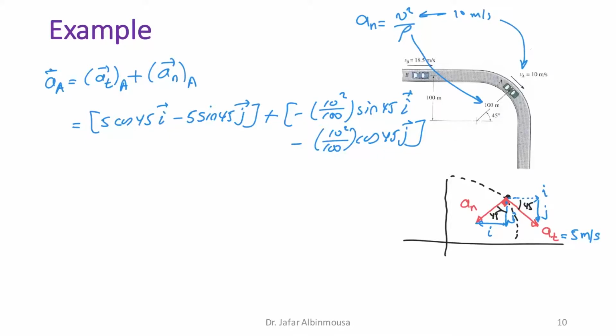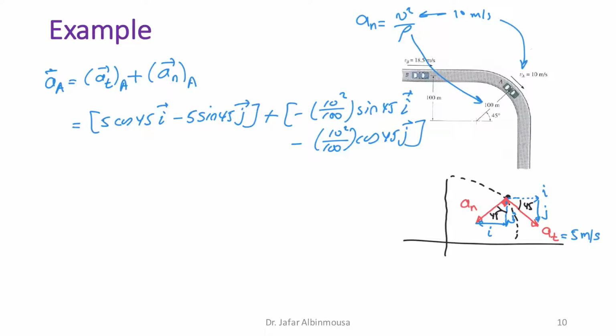Now, let's look at the signs. Here, for the tangential component, we have i going in the positive direction, so this is positive, and j going downward, so this is negative. This is the angle, so the cosine of the angle is i, and the sine of the angle is j.